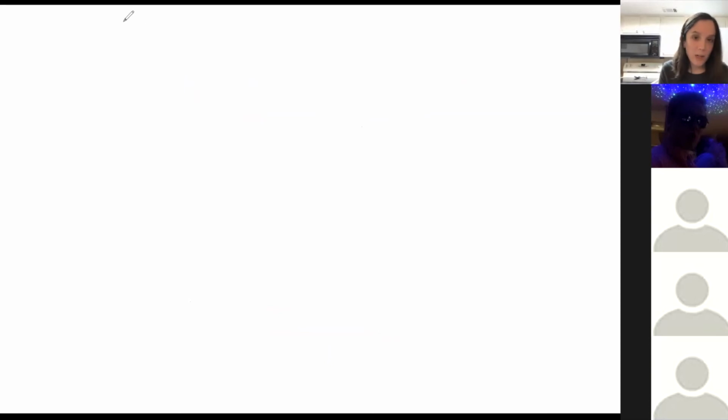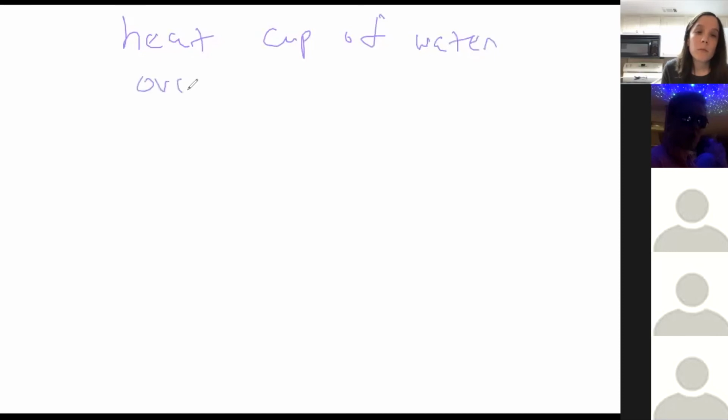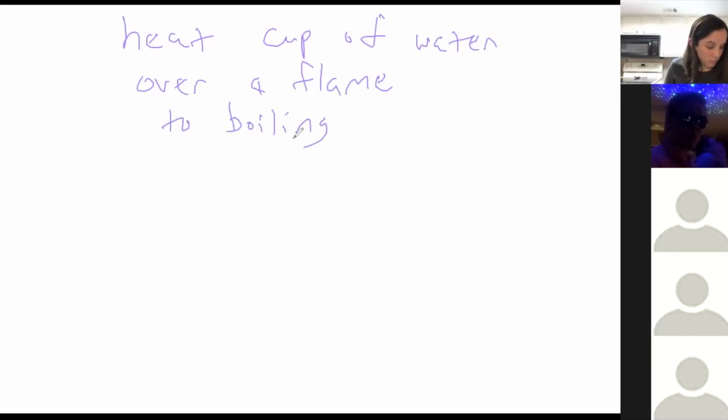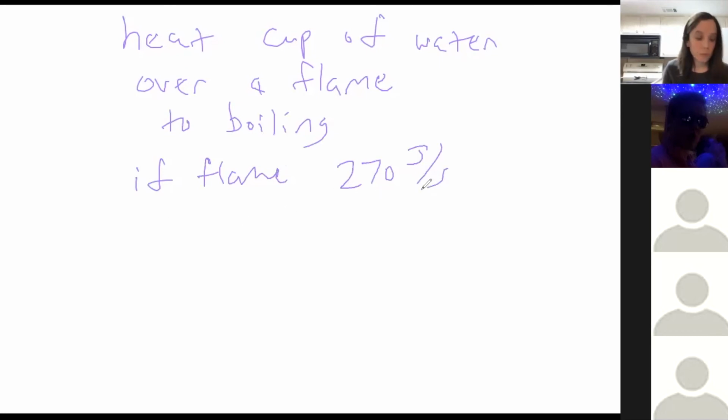Okay, for this one, let's say you're heating up a cup of water over a flame to boiling. If the flame gives you 270 joules per second of energy, how long would it take to heat up the cup of water to boiling if it starts at room temperature?